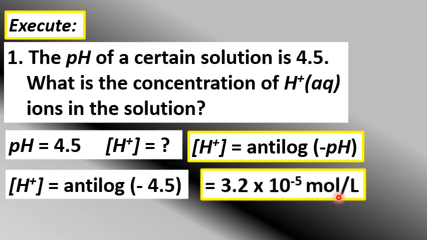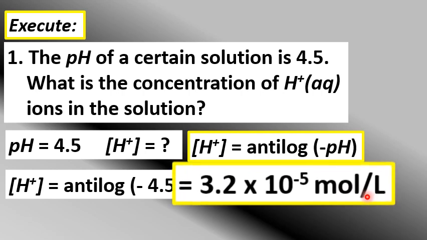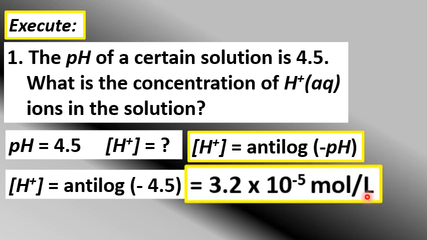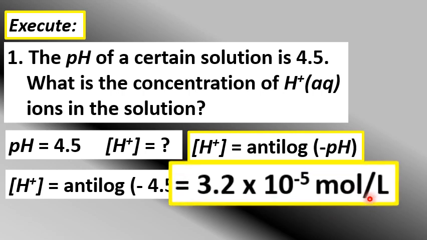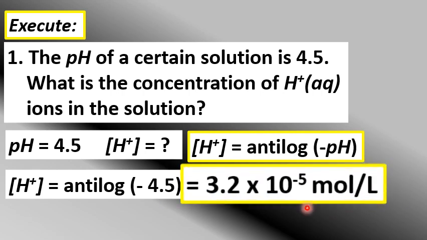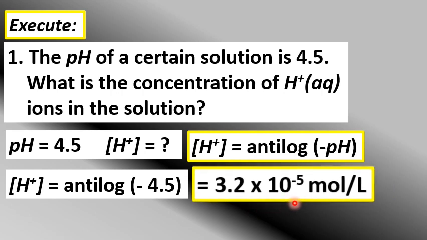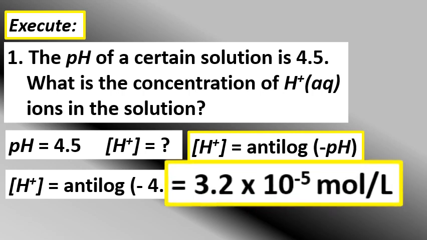The unit, of course, is mole per liter, which can also be considered as 3.2 times 10 to the negative 5 molars.